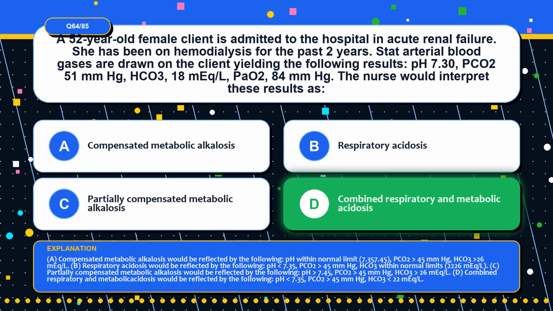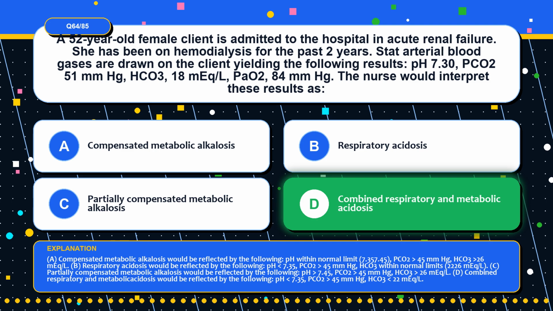A. A compensated metabolic alkalosis would be reflected by the following: pH within normal limits 7.35-7.45, PCO2 45 mmHg, HCO3 26 mEq/L. B. Respiratory acidosis would be reflected by the following: pH 7.35, PCO2 45 mmHg, HCO3 within normal limits, 22 to 26 mEq/L.